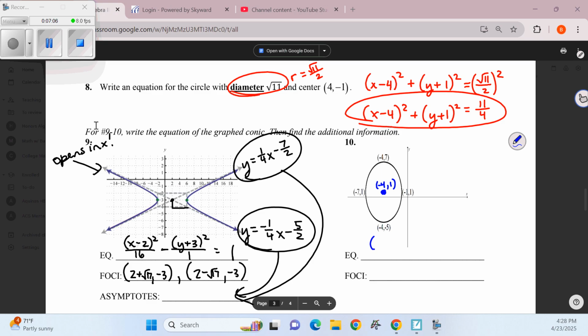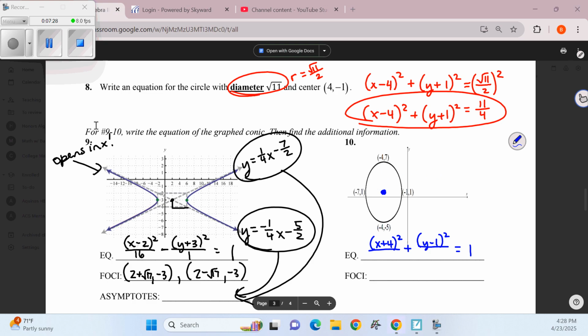Thus, I know I'm going to have an x plus 4 quantity squared plus, it's an ellipse, so it's going to be a plus sign in between, a y minus 1 quantity squared equals 1. So all we really need to know are the a squared and the b squared to go underneath this. So let's count this.